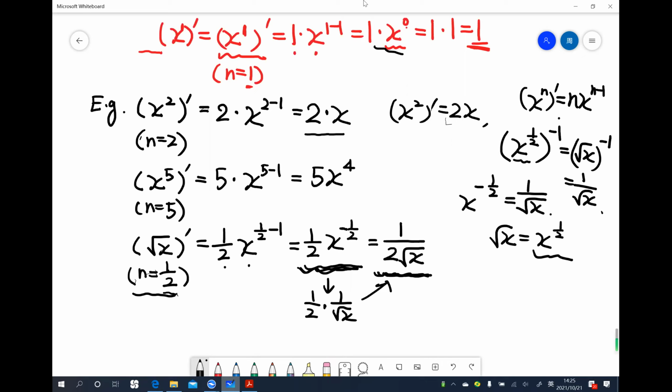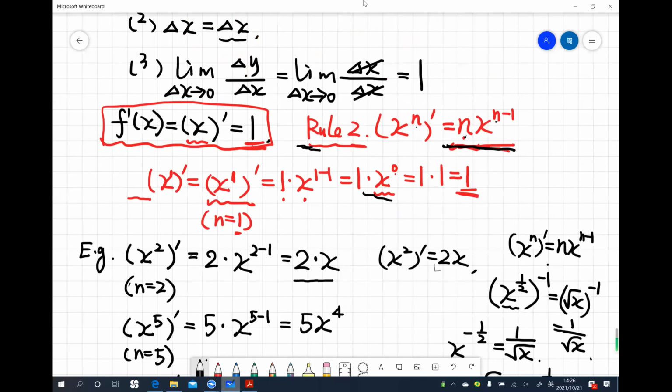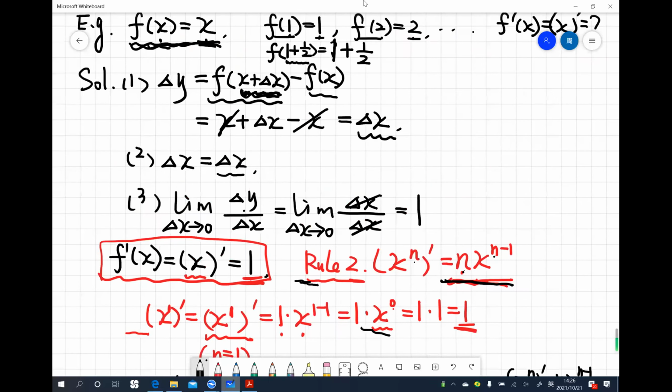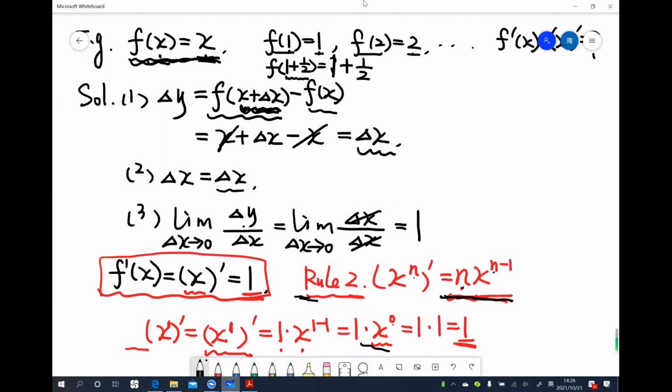And besides these two rules, we have other formulas to calculate the derivative, because if I give you a complicated function, then maybe we can use the definition to calculate, but that is very hard and very difficult.